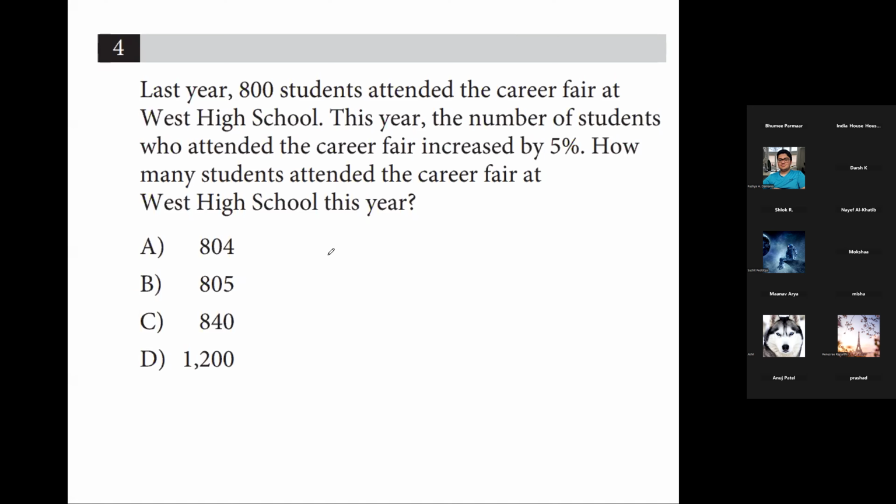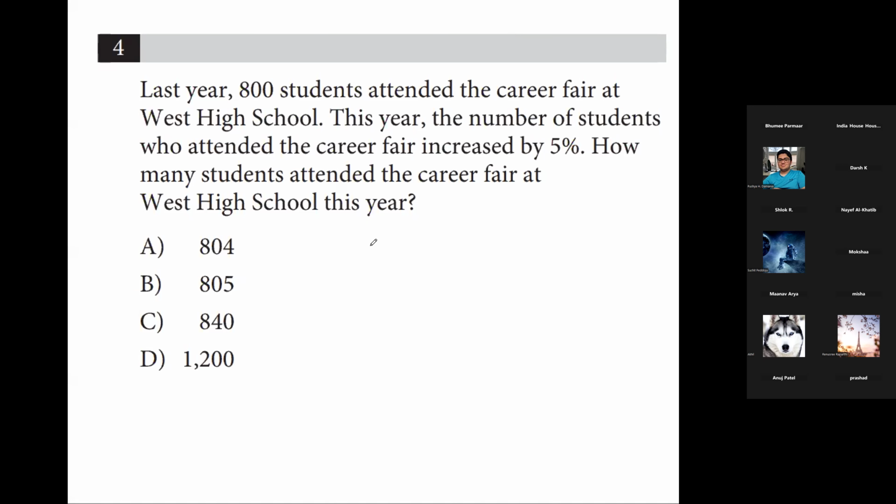Okay, so for question 4, we're told 800 students attended the career fair. This year, the number of students who attended increased by 5%. So that means it has to be a larger number than 800. How many students attended the career fair this year?